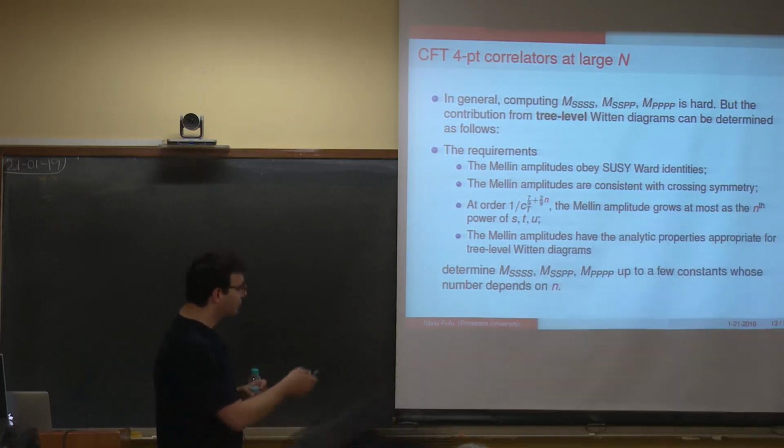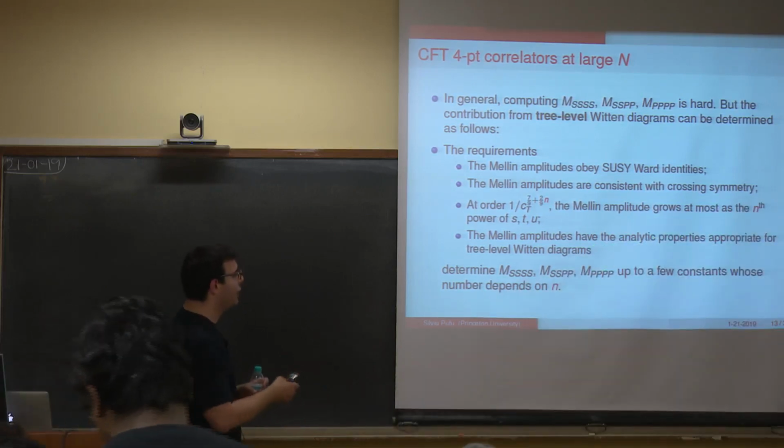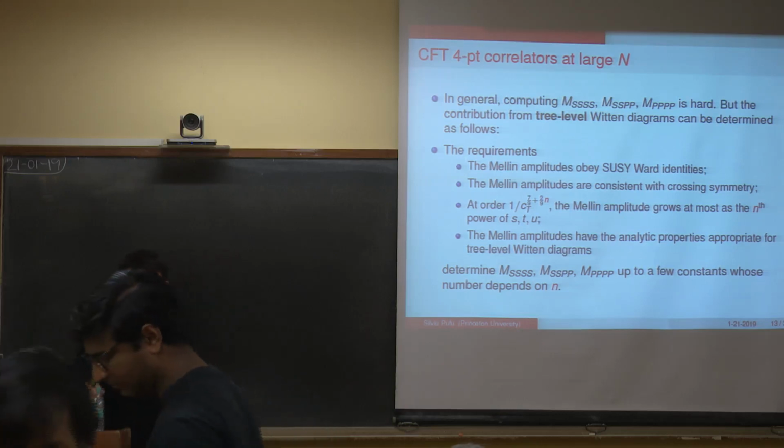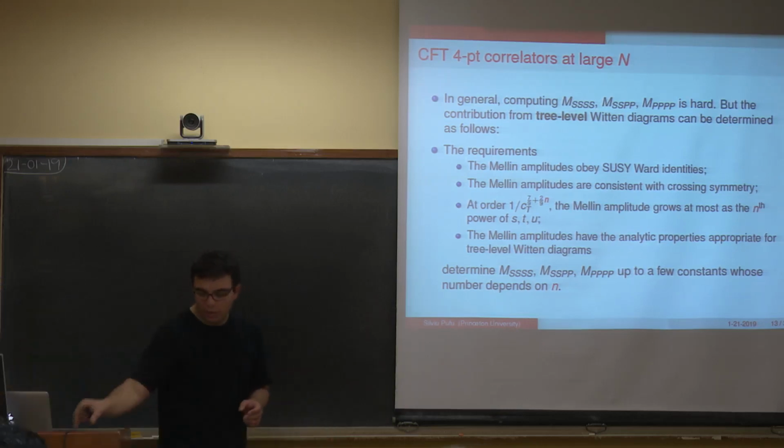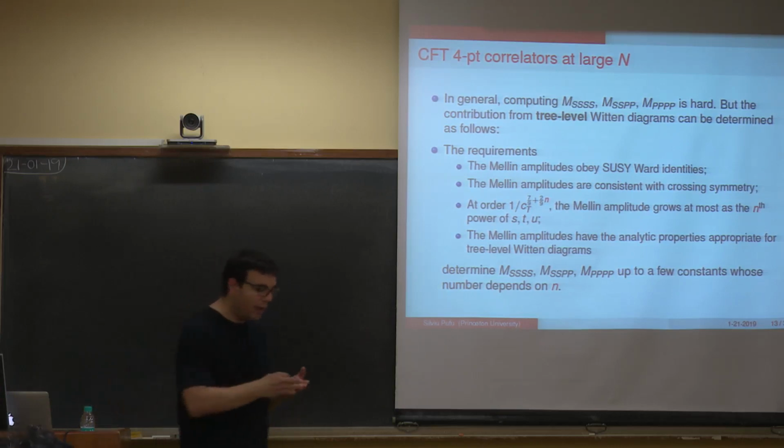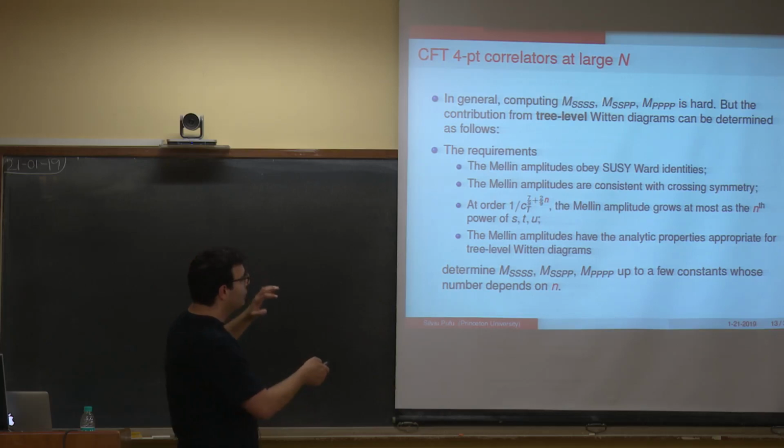So these constraints are that the Mellin amplitude can have... how do tree level Witten diagrams contribute to the Mellin amplitude?